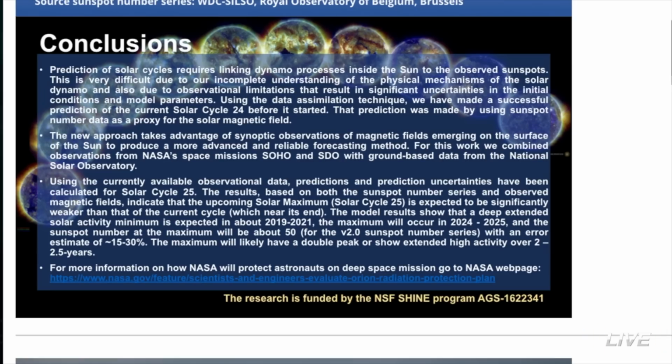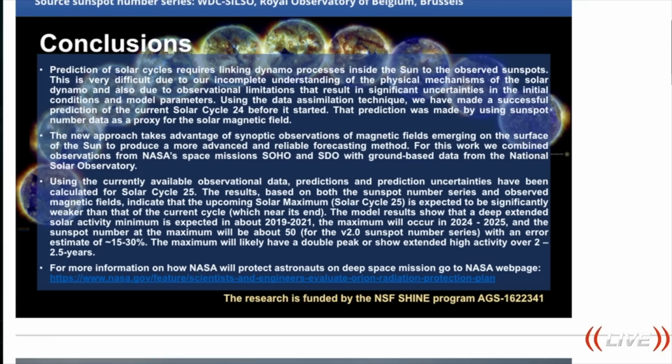The results based on both sunspot series and observed magnetic fields indicate that the upcoming solar maximum of solar cycle 25 is expected to be significantly weaker, not average, not slightly above, not a little bit above 24, significantly weaker than that of the current cycle, which is near its end.